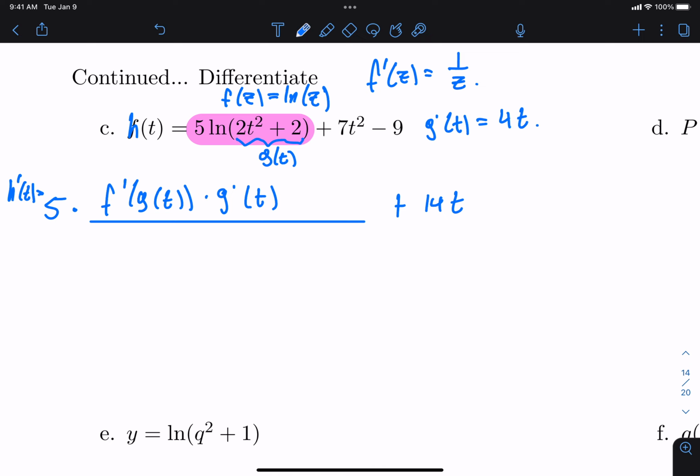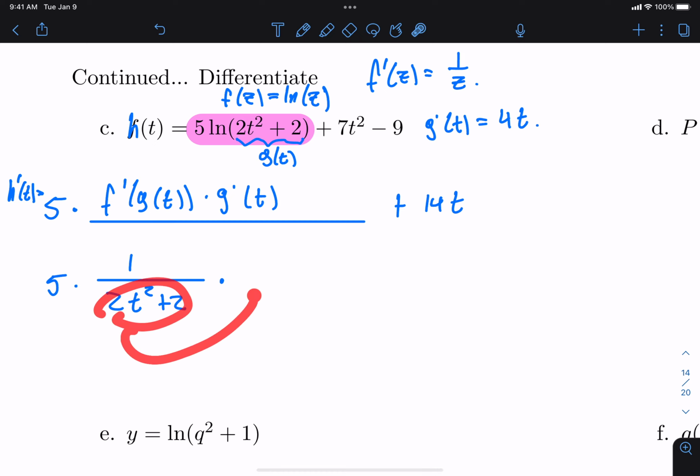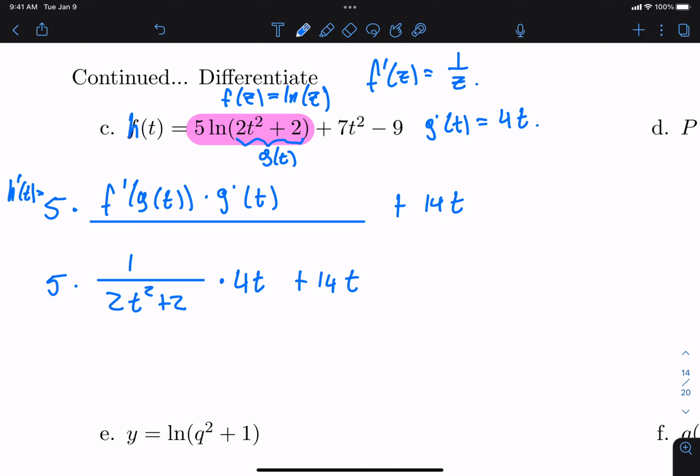So all together, I plug g into the derivative of f. That gives me 1 over 2t squared plus 2, multiplied by, we have to chain out the derivative of the inside function, which is 4t. And then we add 14t, like so.